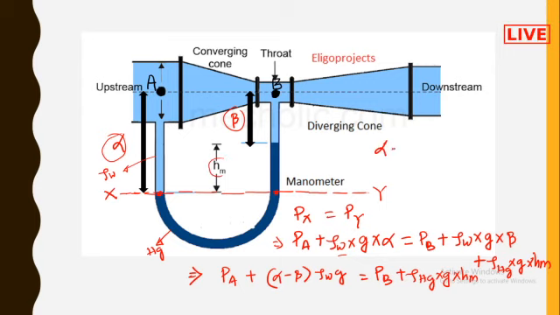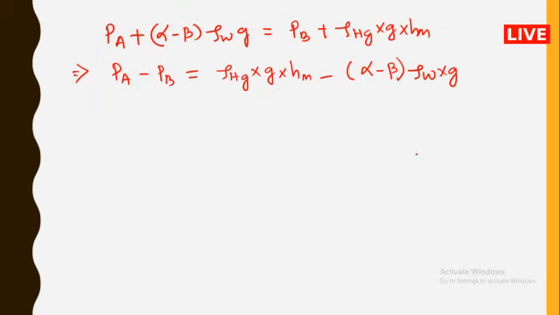So I can write density of the mercury into G into HM minus, for alpha minus beta, density of the water into G into HM.